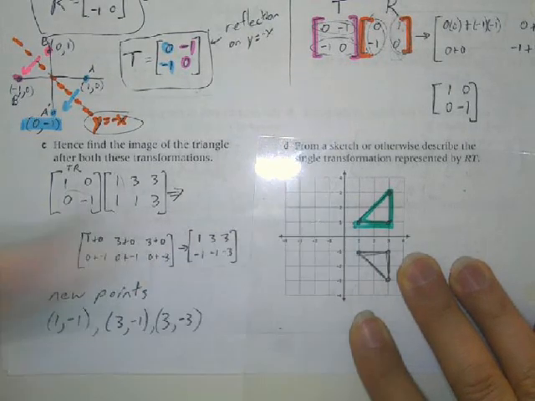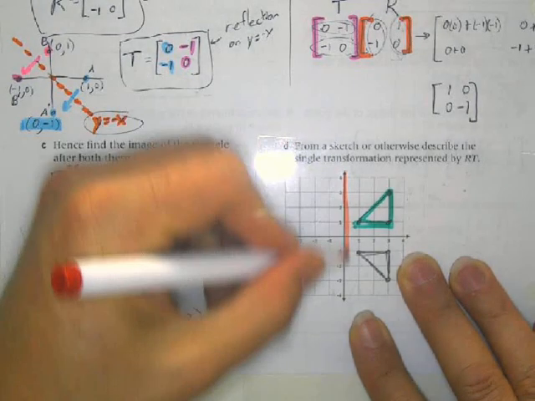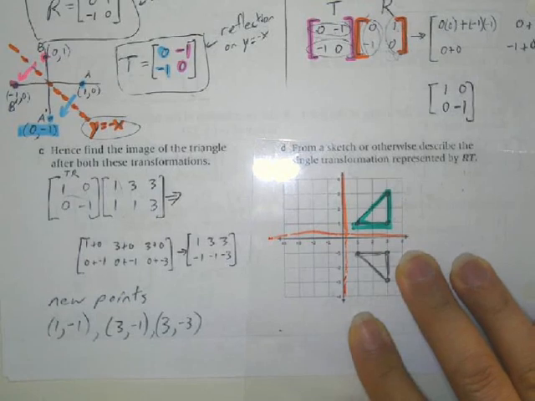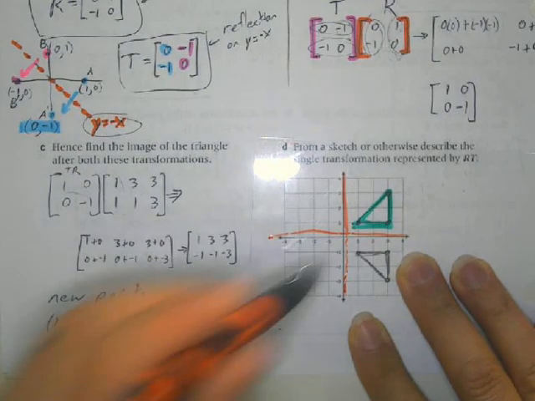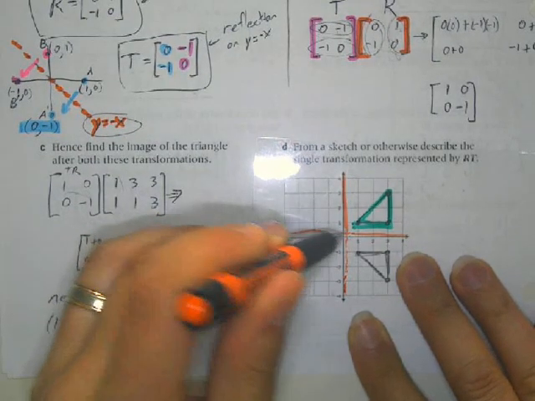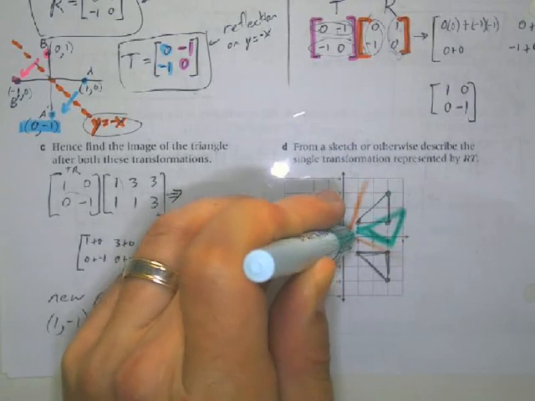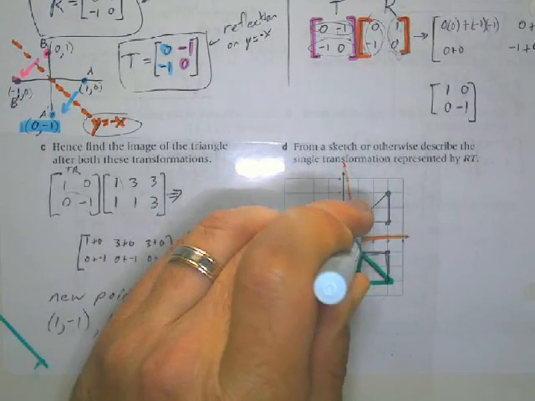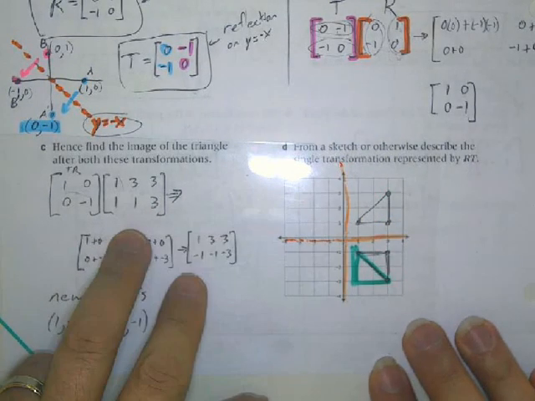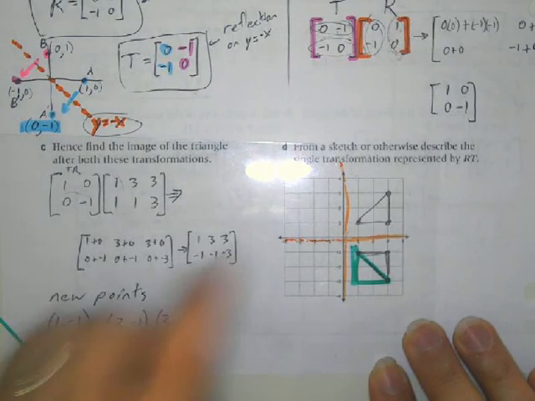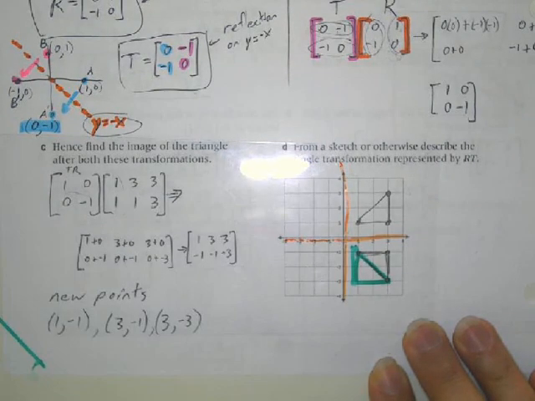So if it's rotating clockwise 90 degrees, that means, let's watch this happen. Okay, so it's going to twirl 90 degrees this way. Okay, so now this has twirled 90 degrees clockwise.